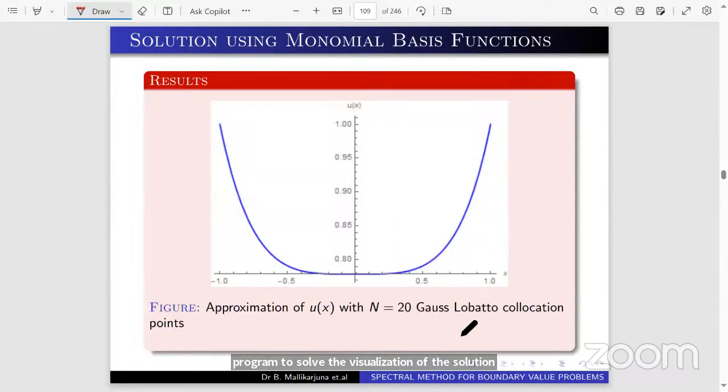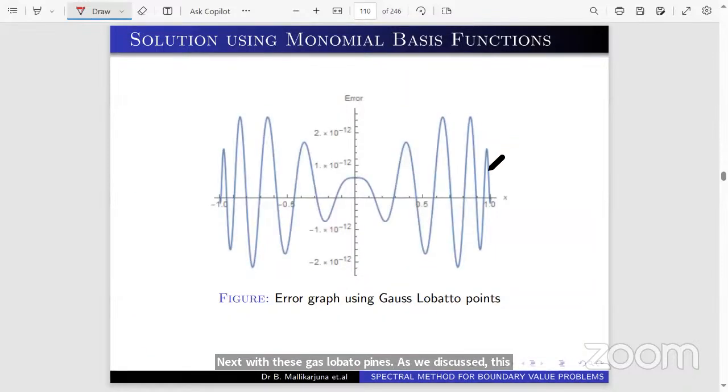Next, with these Gauss-Lobatto points, as we discussed, this of course correlates with the exact solution. But what is the error? What is the norm behavior at different points? Earlier, with equispaced points, we got 10 power minus 9.